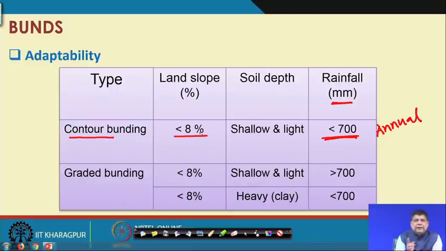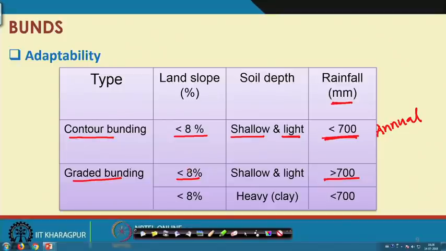We saw that typically they are adopted for 2 to 6%, but in any case land slope should be less than 8%. And soil should be shallow and light, in the sense that infiltration capacity should be a little bit higher, so that infiltration and groundwater recharge takes place and waterlogging problem is not faced, because water is allowed to store for a longer period of time.